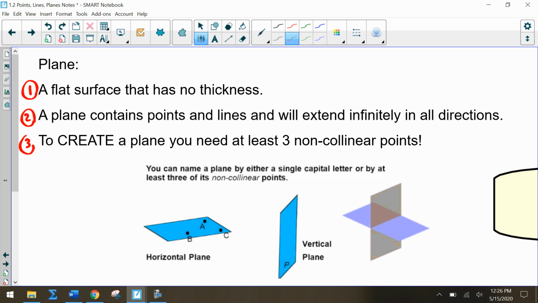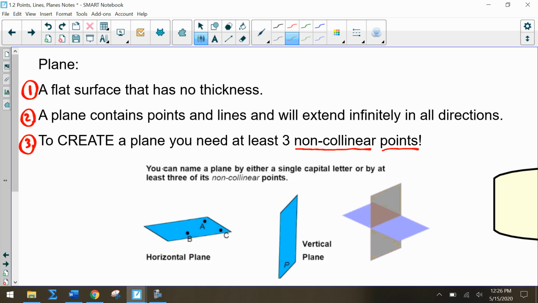And to create a plane, you need at least 3 non-collinear points. So we're going to talk about what that means in the next slide. But if we think about a plane, here are 3 examples of planes, right? We have a horizontal plane, we have this vertical plane, and then we have these 2 planes, a horizontal and a vertical, that are intersecting, okay?